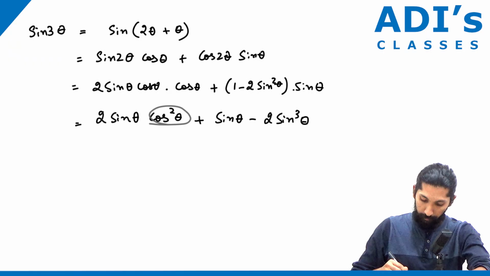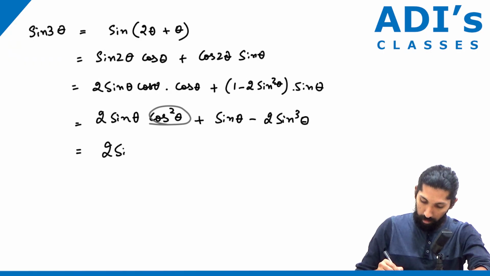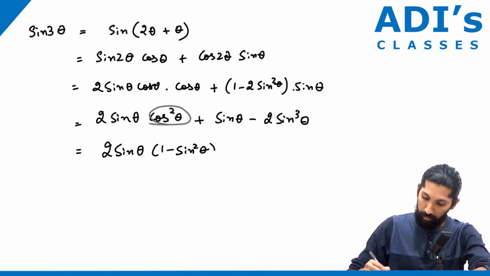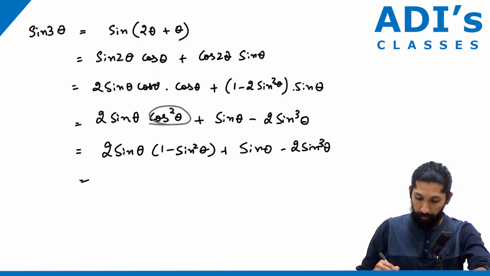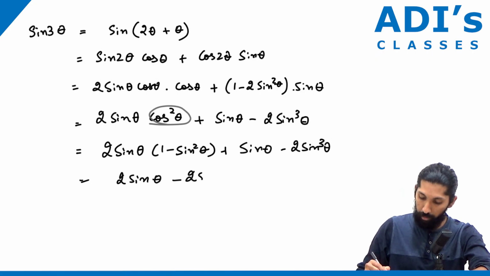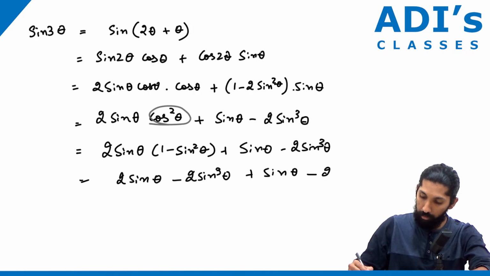Now you are going to have 2 sine theta into 1 minus sine square theta plus sine theta minus 2 sine cube theta. Now multiply: 2 sine theta minus 2 sine cube theta plus sine theta minus 2 sine cube theta.